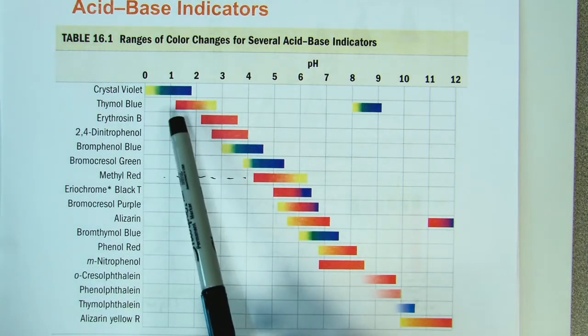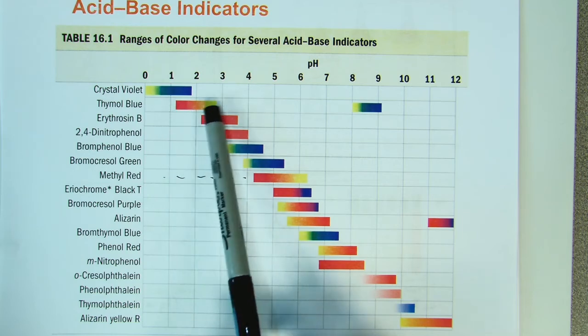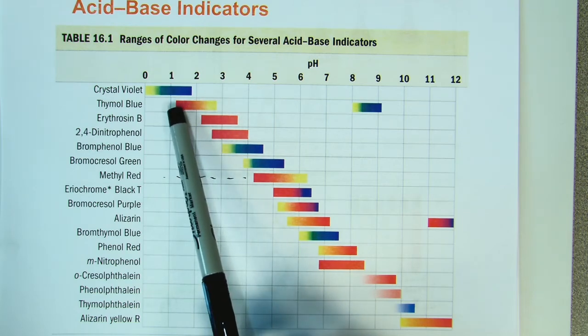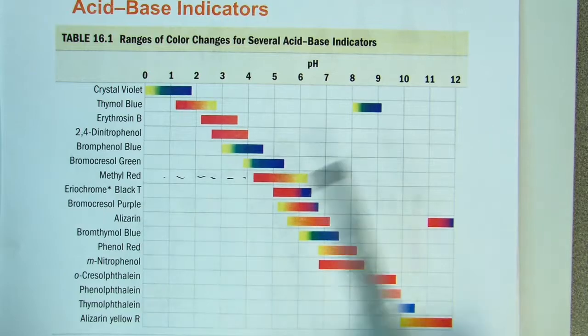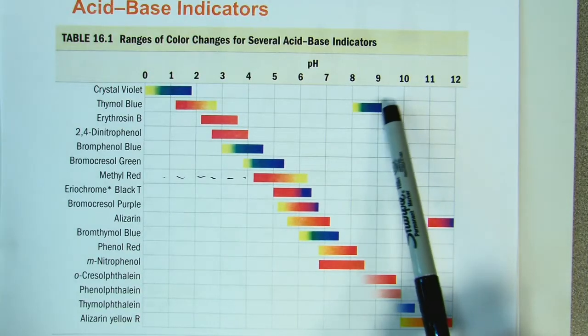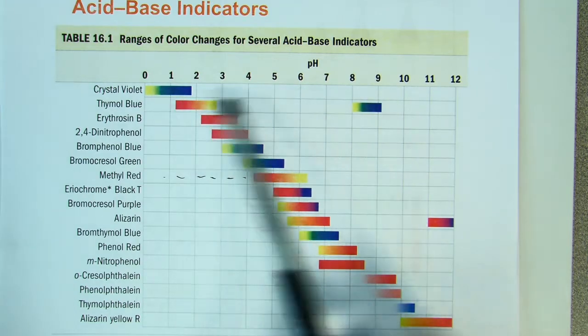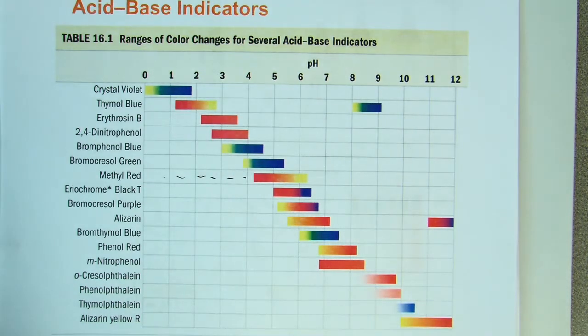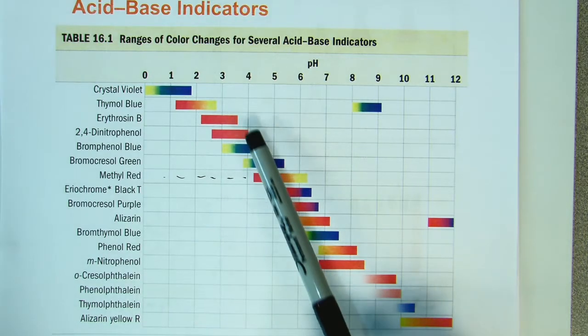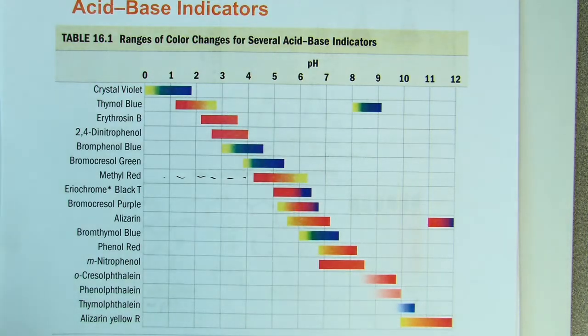Thymol blue, from red to yellow, between about 1.2 to 2.7. Notice that also changes color at higher pHs as well. It's actually fairly typical. Several different dyes will do that. They'll have multiple pH range changes. But nonetheless, each of these different molecules change color at different pHs, and that's actually going to be pretty important.